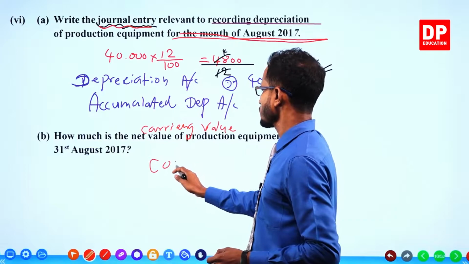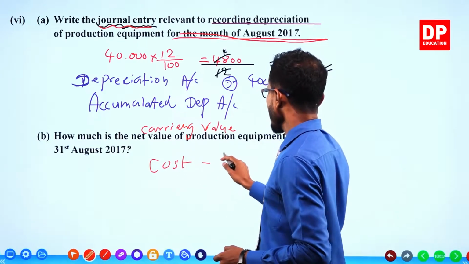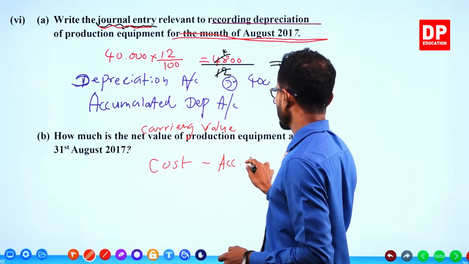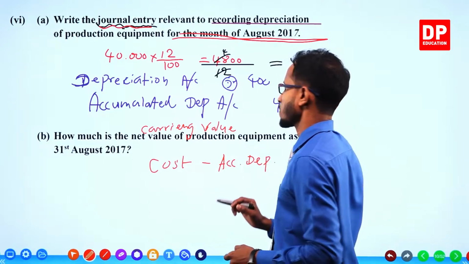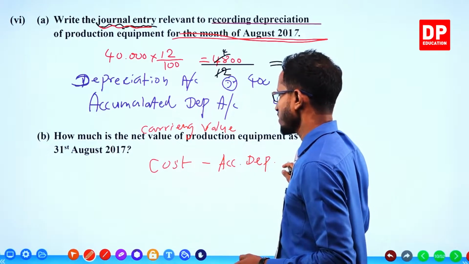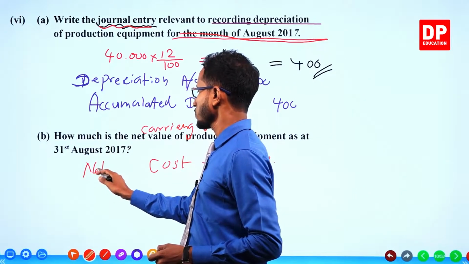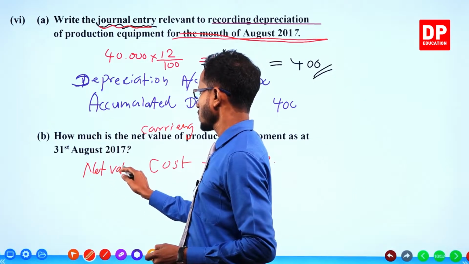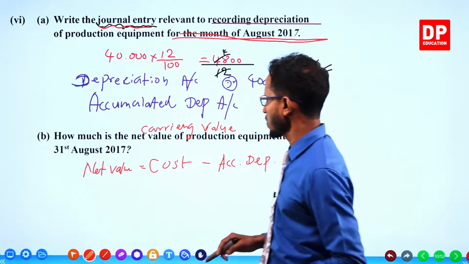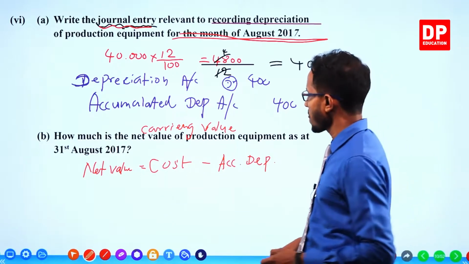Cost of the asset minus accumulated depreciation equals net value. What is the cost? 40,000.